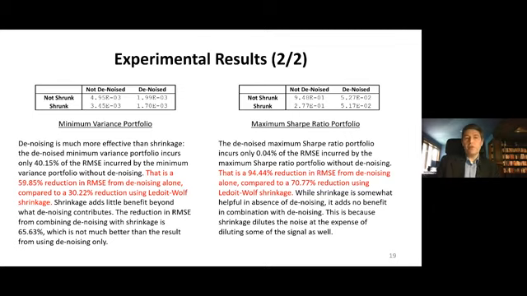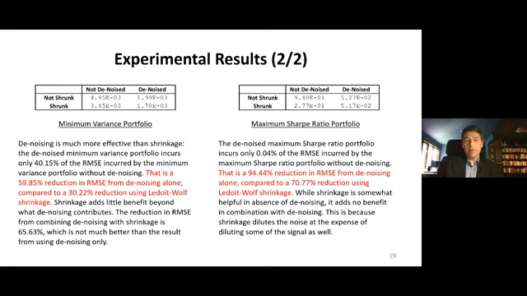What this experiment shows us is that when we optimize a portfolio without shrinkage and without denoising, what we obtain is a very high error. The root mean square error is very high. Why? Because the covariance matrix is very unstable.